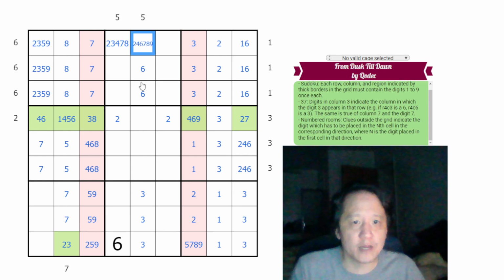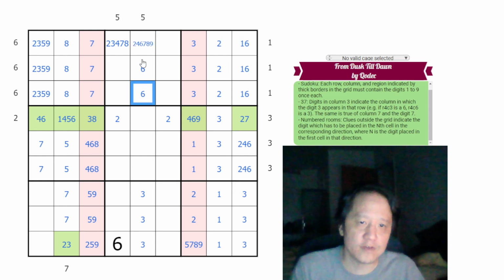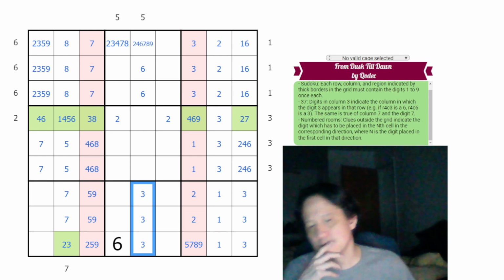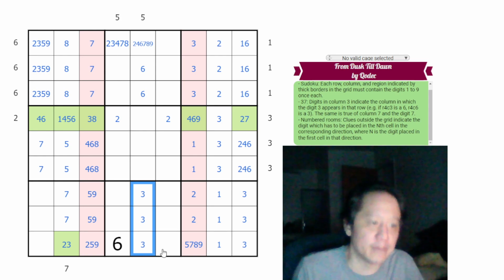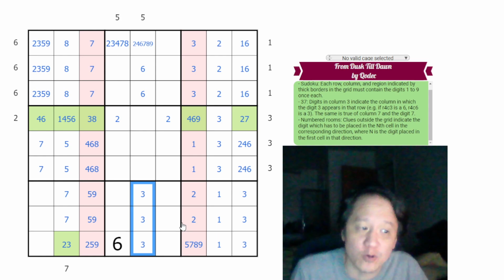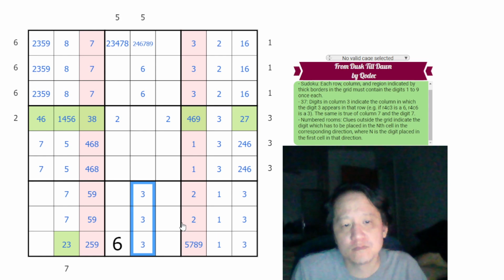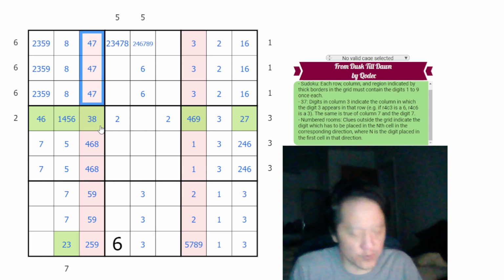So this cannot be 5, so this can't be 5. It could be 2, this could be 5, these 2 could be 5, or this could be 5. Not that it helps that much, but at least we got a little bit more information. So this is 5. Oh, this is 4 or 6 also.